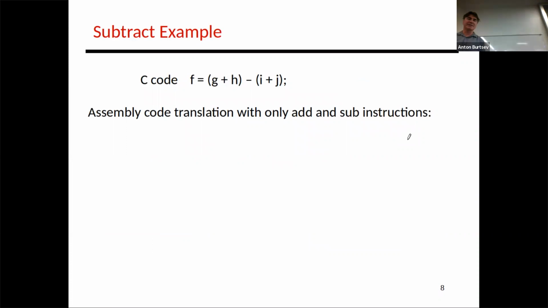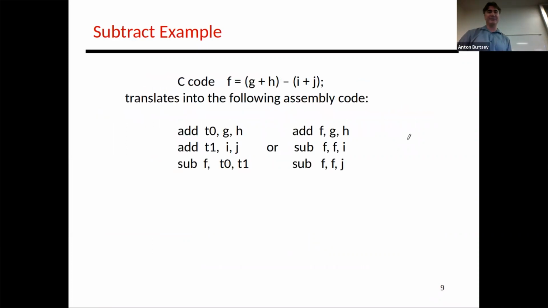Now a subtraction example. Not many surprises here, but I will introduce another operation, sub, which operates in a similar manner. It takes one value, subtracts another from it, and puts the result back.